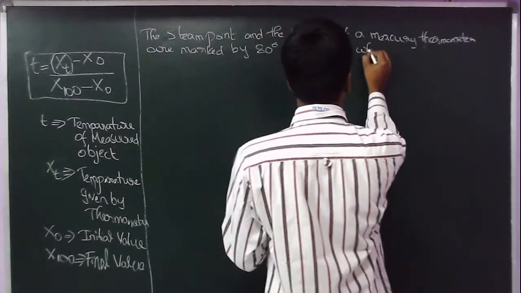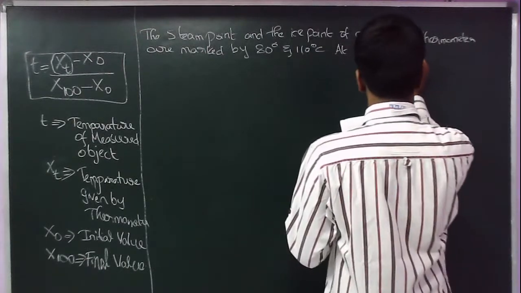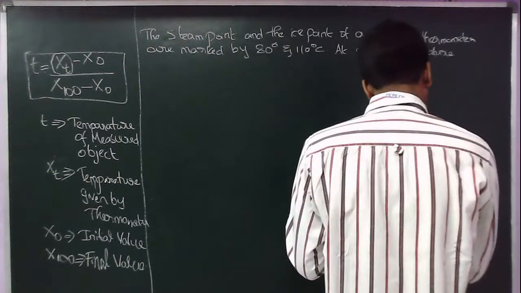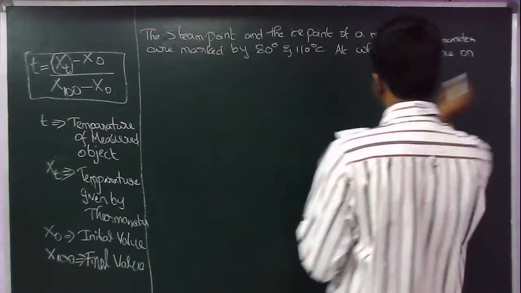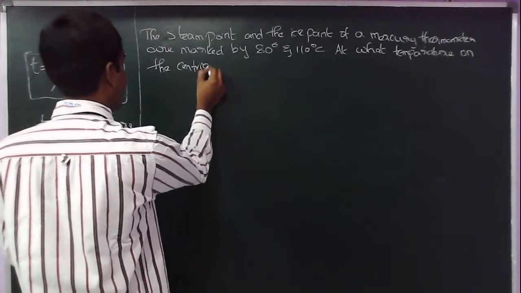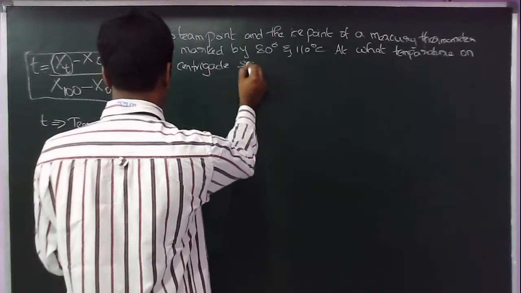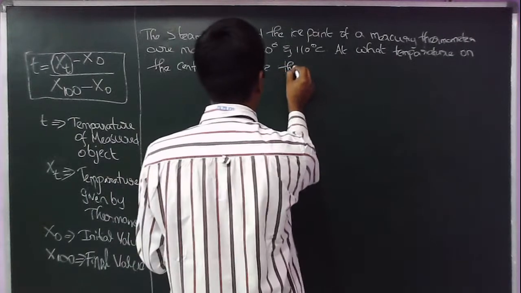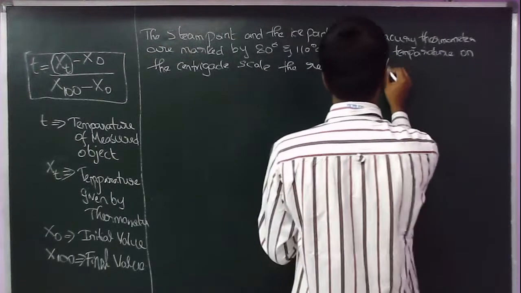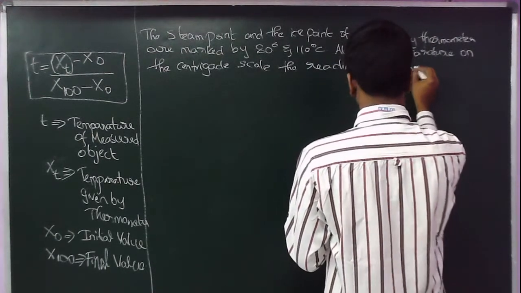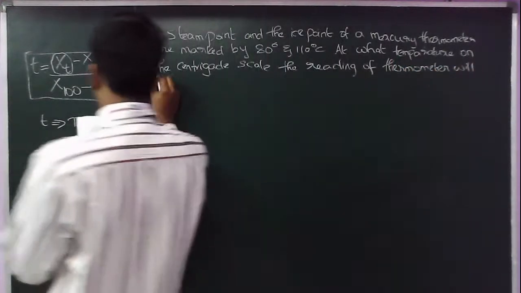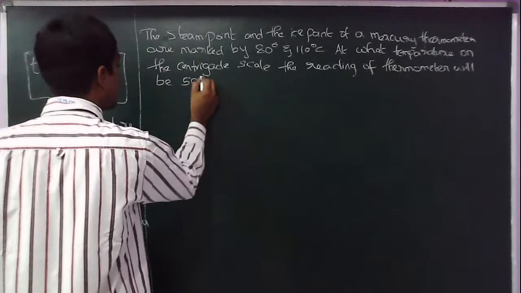At what temperature on the centigrade scale will the reading of the thermometer be 59 degrees Celsius?